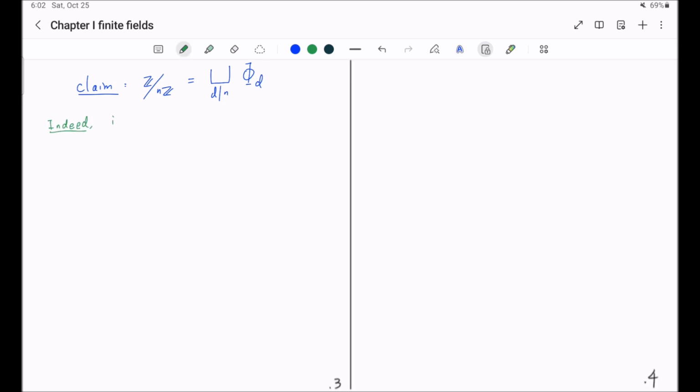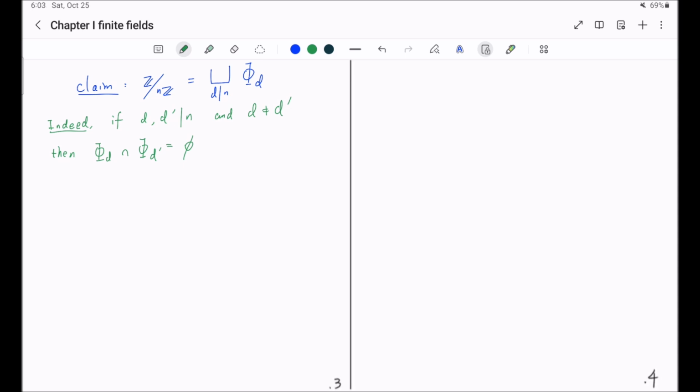Indeed, if d and d prime both divide n, and d not equal to d prime, then we must have phi sub d intersection with phi sub d prime equal to empty.